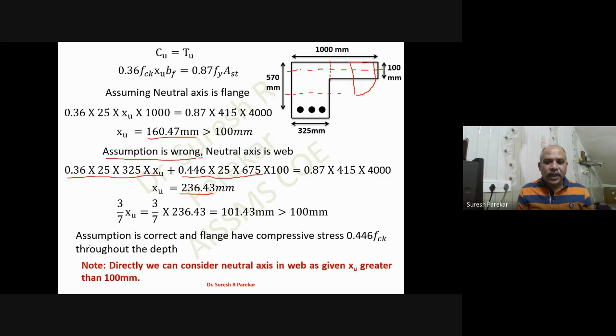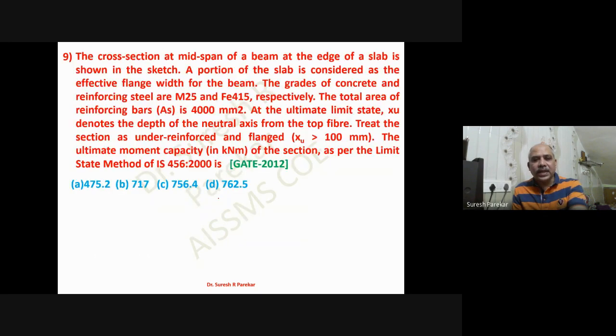Then we check this value with 3/7 of XU, and our assumption goes correct, because this comes to 101.43 and my flange is 100 millimeter only. So as we have 3/7 of XU greater than 100, that means my rectangular block is below the flange, and therefore my XU is correct, 236.43 millimeters.